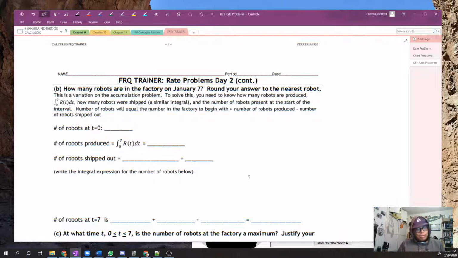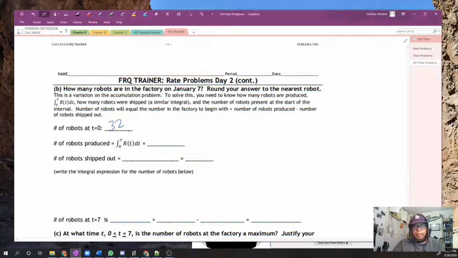So we need to find those three quantities. The first one's pretty easy. There were 32 robots at the factory on January 1st, midnight really. So how many robots were produced? Well, that's the integral. That's that accumulation that we talked about yesterday.